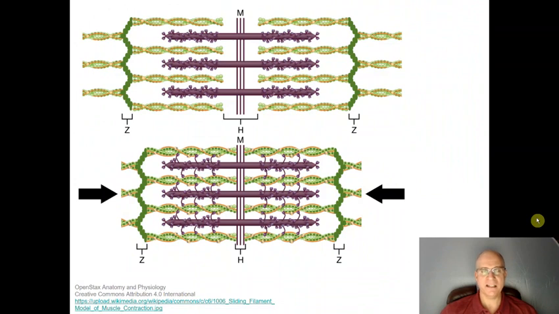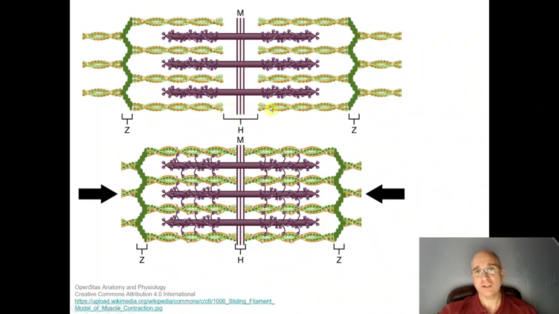Here is a nice high quality picture showing what we kind of saw in the model. So here's our M line, here's our myosin or thick myofilaments, and here are actin or thin myofilaments. And here you can see what's happening when the muscle fiber or the sarcomere is not contracting, because you can see the H zone.